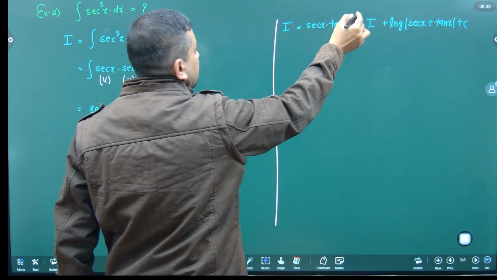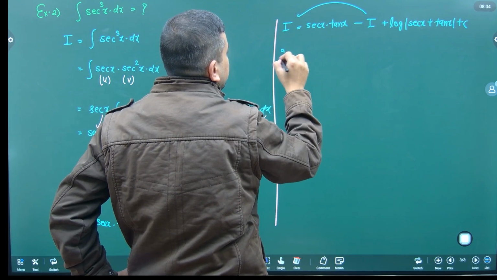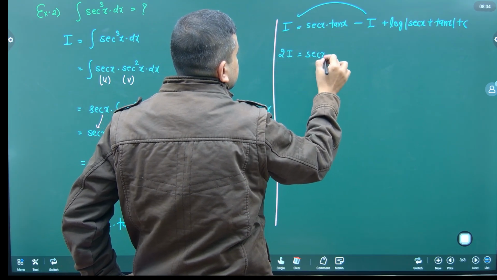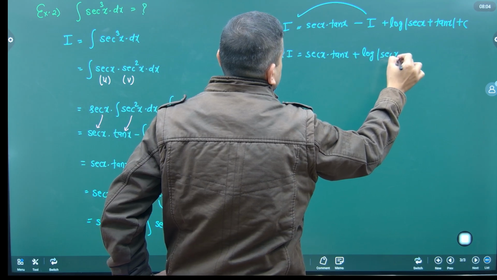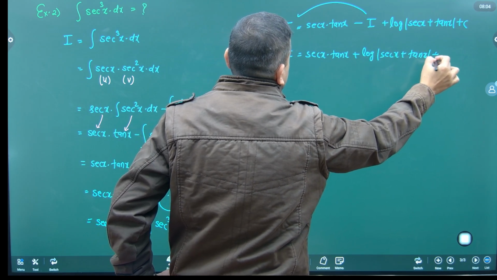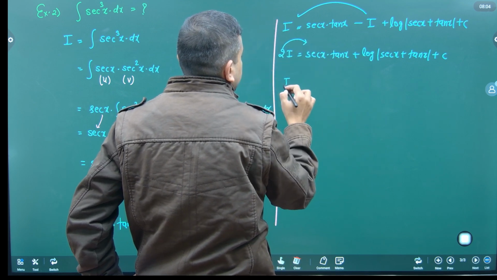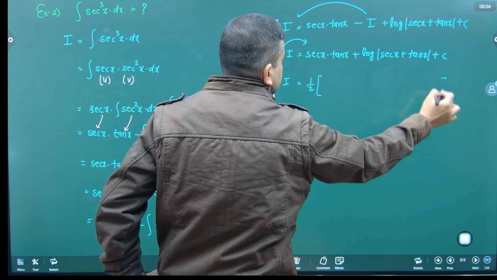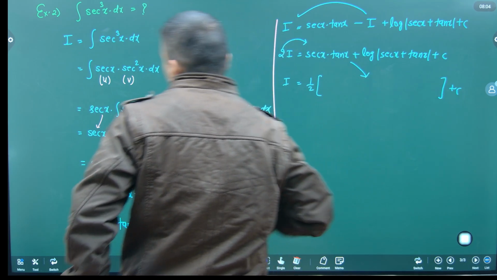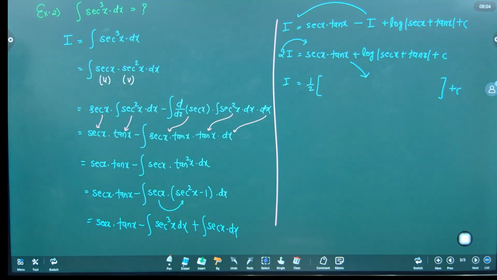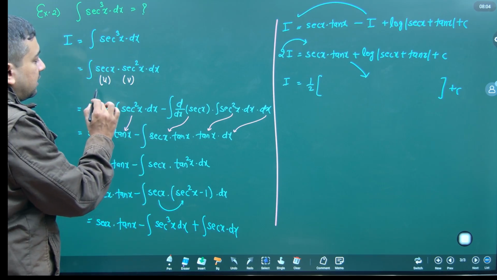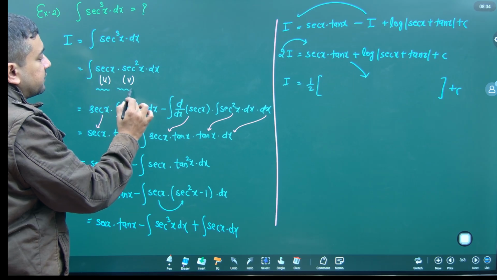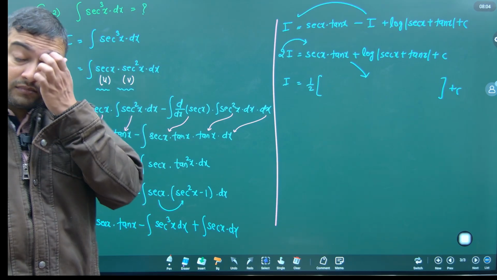I am taking it to the left hand side, I plus I becomes 2I. So this is how you will find the integral of sec cube x. This is also one of the important ones. Hope this part is clear: which function is considered as u, which function is considered as v, and why?